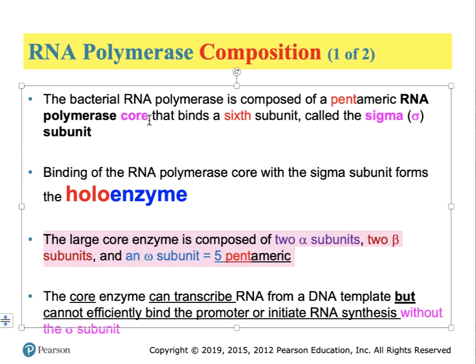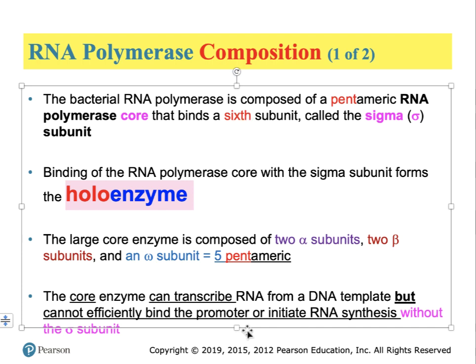There exists another subunit called the sigma subunit, which can combine with the core to form the complete enzyme, also known as the holoenzyme. And you'll see the difference in a few seconds as to the importance of the two parts.